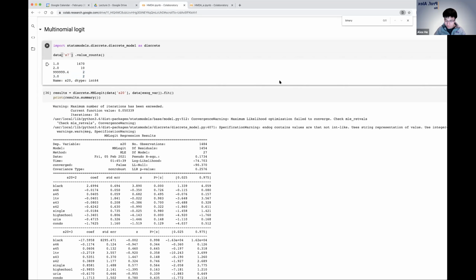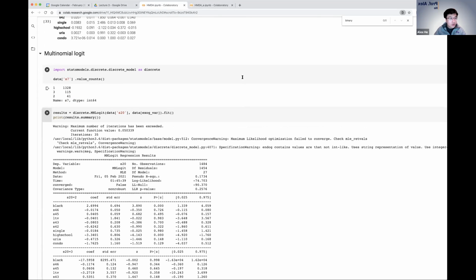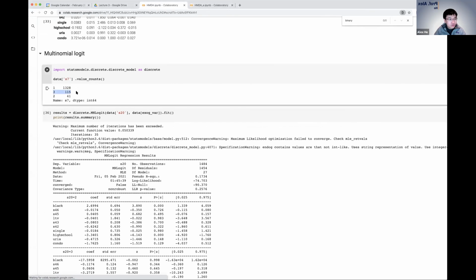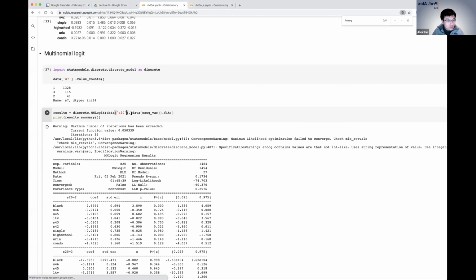So S7 is whether it's accepted, rejected, or withdrawn. So 3 is if the mortgage is withdrawn. It's actually the same variable as our dependent variable before, but it has 1 more category.